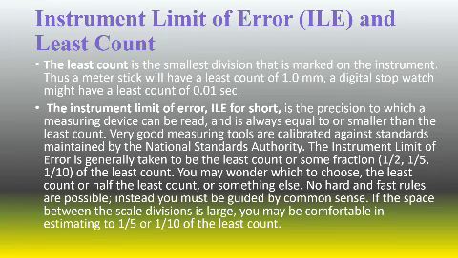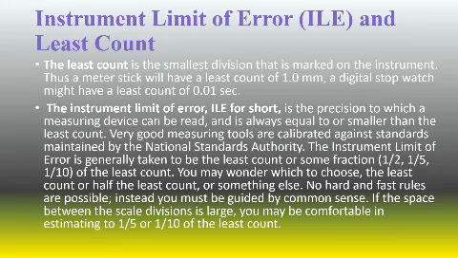This is simply what instrument limit of error means. So let's solve an example under instrument limit of error and least count to boost our understanding of what they mean.